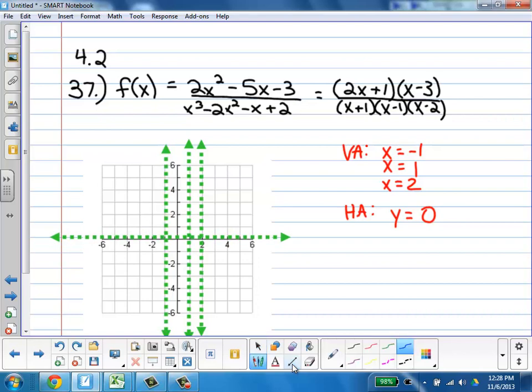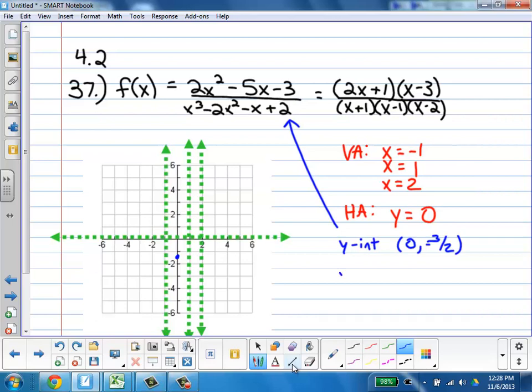Now let's think about our intercepts. The y-intercept is easiest to get from the unfactored form. If you put 0 in for x, the y value is going to be -3/2. So plot that, 0, -3/2 goes right about there.